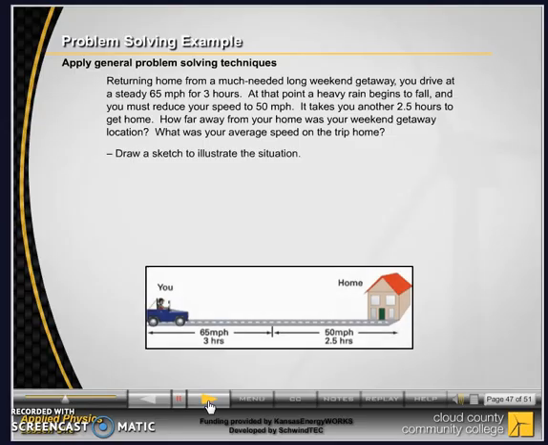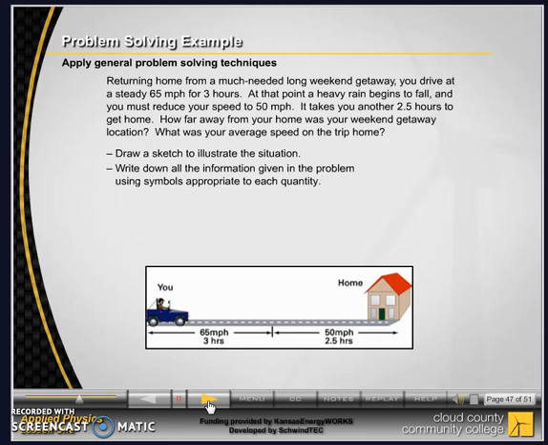Draw a sketch to illustrate the situation. This helps to clarify the situation so that it is clear in your mind. Write down all of the information given in the problem using the symbols appropriate to each quantity. For example, if one of the given quantities is time, you might label it as t. Write down the quantity or quantities you are trying to find. These are your unknowns.